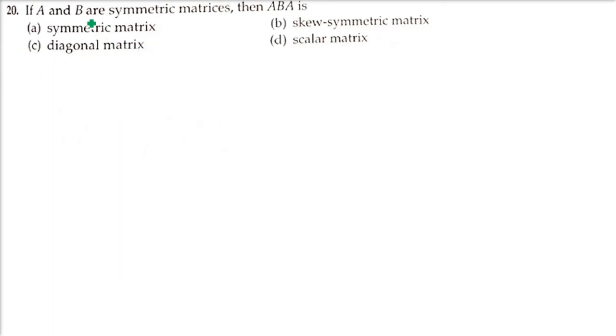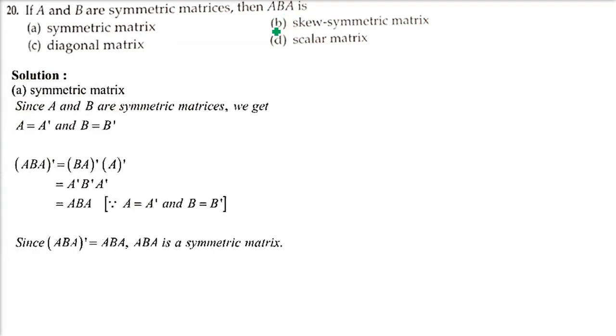If A and B are symmetric matrices, then ABA transpose. So you have to take the transpose of this. Okay, let us see. Since A and B are already given as symmetric matrices, A transpose is A, this is given, and B transpose is B, this is also given. We can directly use it. Now let us take the transpose.